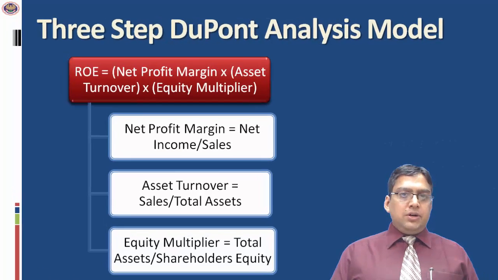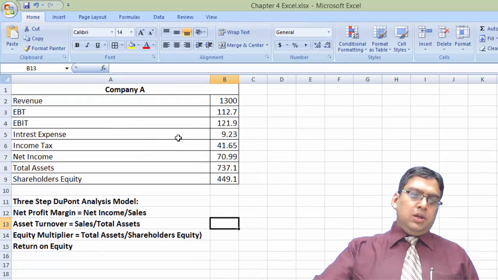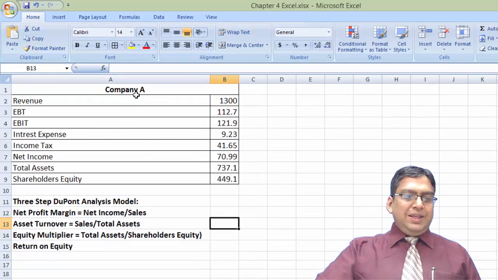Let's move to the Excel sheet. That is the data mentioned by default in an example. That is company A, revenue, EBT, EBIT, interest, income tax, net income, asset, shareholder equity.